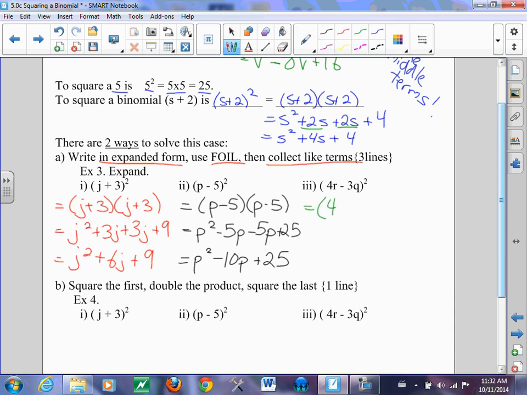So we're going to go 4r minus 3q times 4r minus 3q. Okay, so when we multiply the first, it's going to be 16r squared. When we do the outside, it's going to be minus 12qr. Inside, plus 12qr.